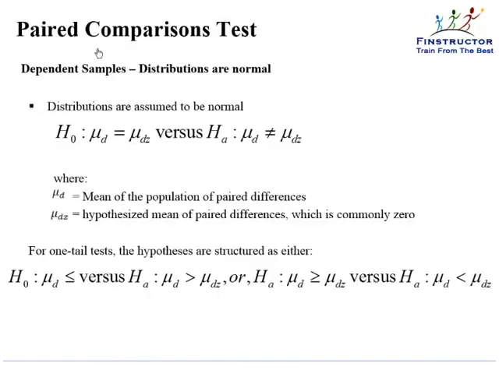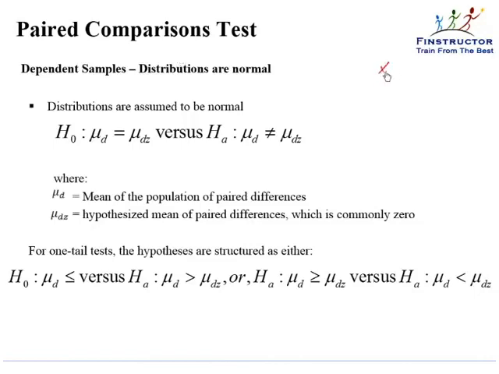We can also do a paired comparisons test. This test is done to test the hypothesis that the paired differences between two populations are equal to 0.